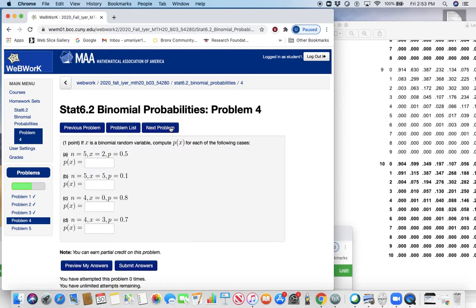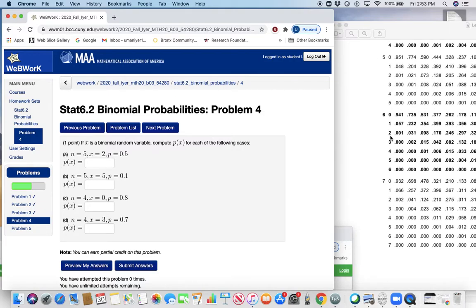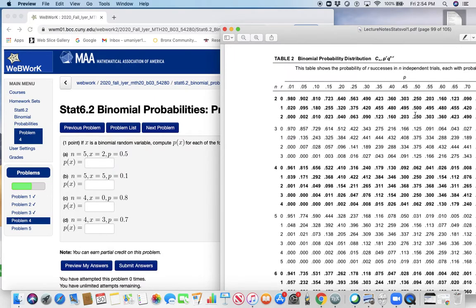All right. Next. If x is a binomial random variable, compute the probability for each of the following cases. X is 2. You want 2 successes when n is 5 and little p is 0.5. So n is 5, so I'm looking at this block of numbers, but probability of success is 0.5, so I better look for 0.5.